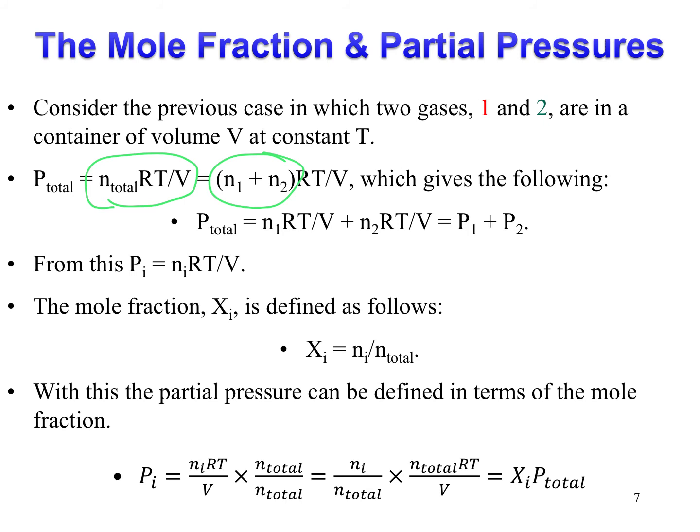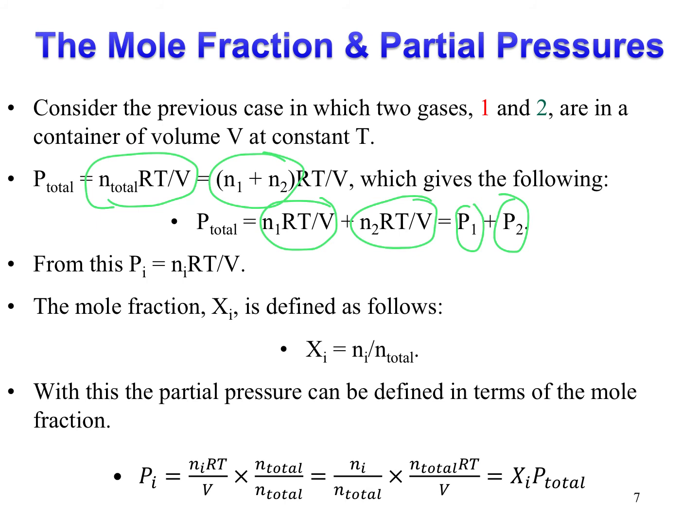Separating these into individual terms, the total pressure equals N1 times R times temperature divided by volume plus N2 times R times temperature divided by volume. This, in turn, equals P1 plus P2.